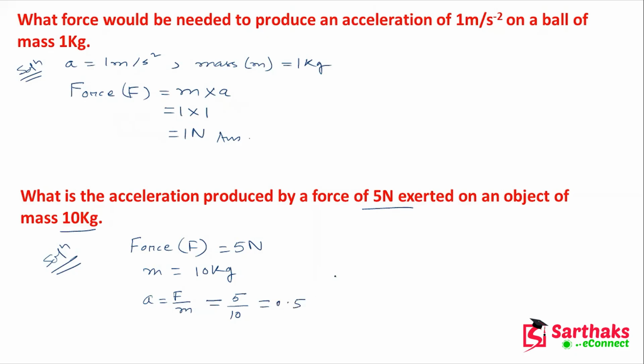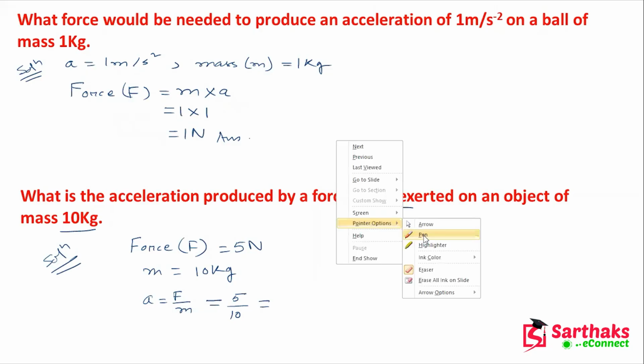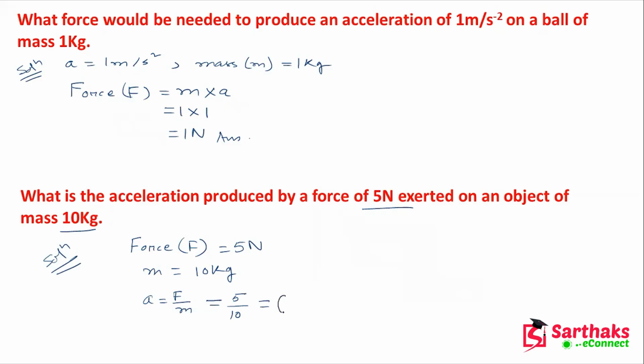Just a minute, I think it is not so clear. This 0 is very small. There should be big zeros here, but not in your exam paper. So 0.5 meter per second square.